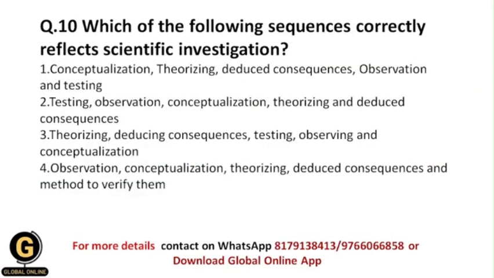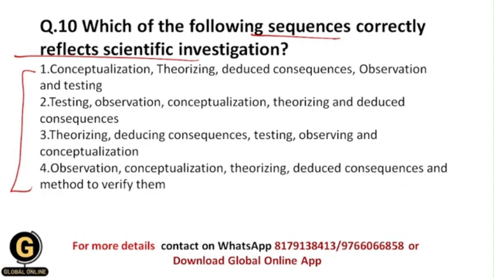Next is, which of the following sequences correctly reflects scientific investigation? Okay, so here we have been given different options, and in each option they have given us different sequences, but we need to identify the correct sequence of scientific investigation.